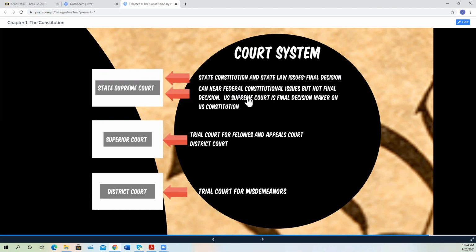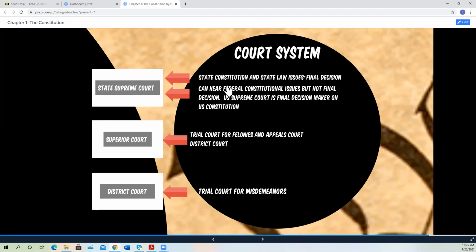The state Supreme Court can also hear federal constitutional issues, but they don't have the final say. The US Supreme Court has the final say on US constitutional issues. So if you feel that the police have violated your federal constitutional rights, you can appeal it to the state Supreme Court. And if you lose, you can appeal it to the US Supreme Court.